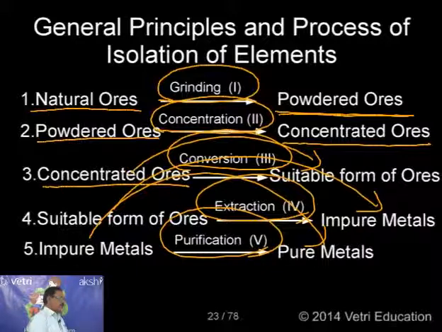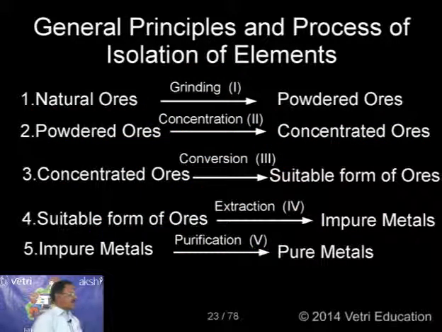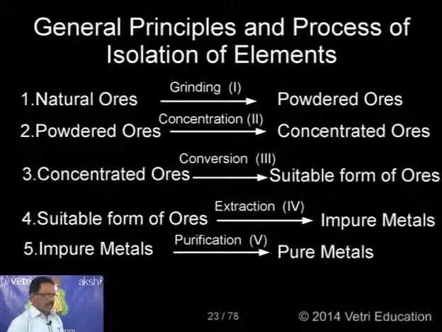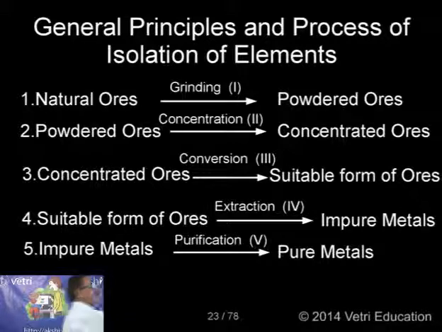Step 4, extraction. The suitable form of ore can be converted into impure metal. And final step, purification. Impure metal can be purified to pure metal, the pure element. So these are the 5 steps involved. I am going to discuss each step in detail. Kindly follow me. First, let me go for step 1.